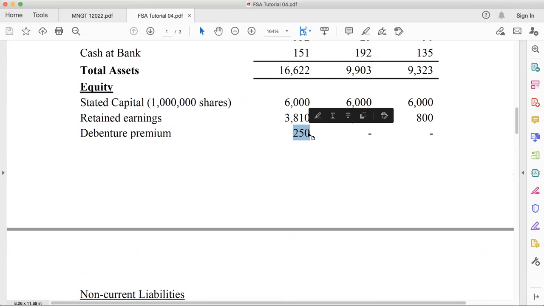According to IFRS 9, you have to record the debenture at amortized cost. Amortized cost is equal to the present value of future cash flows.